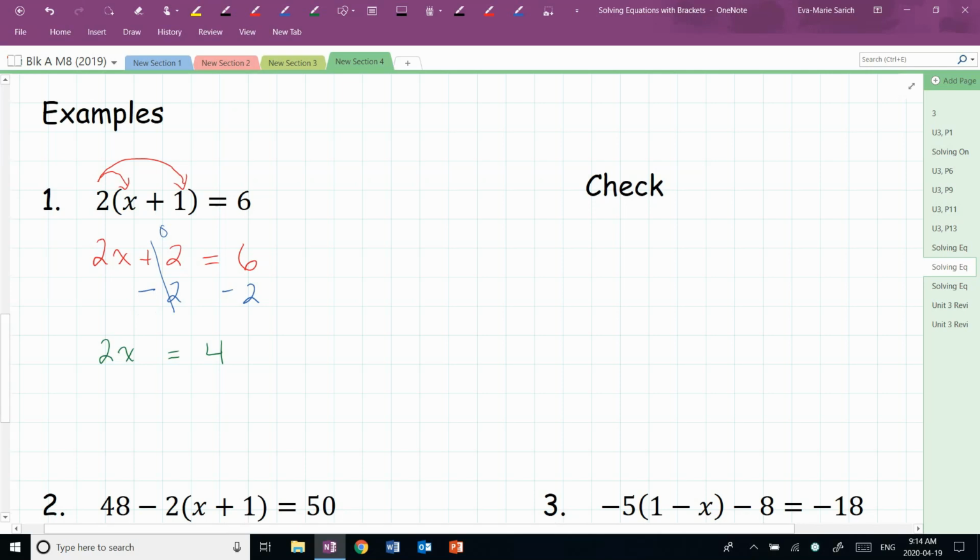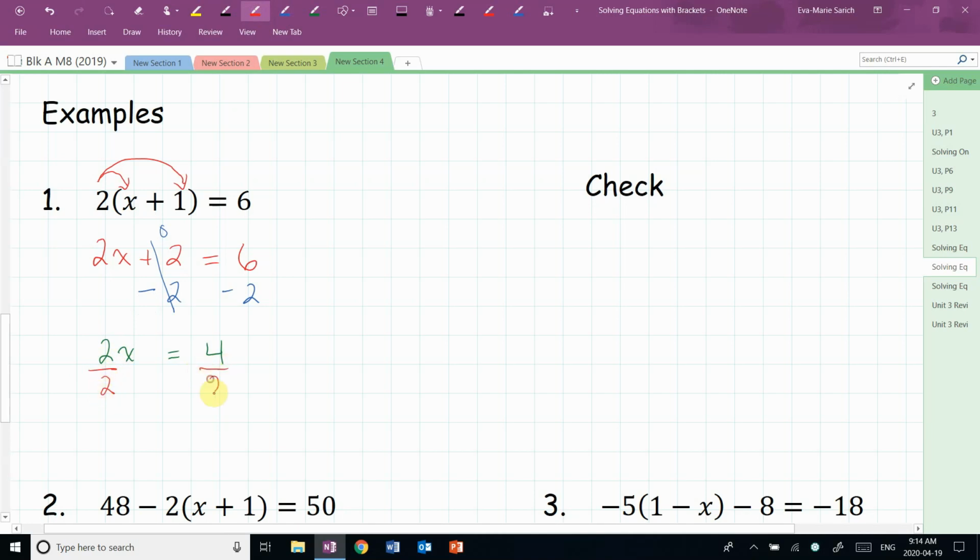Now, our last step is going to be to get rid of the 2 that is in fact multiplying the x. So if we have a multiply by 2, we're going to remove it by divide, which is the opposite of multiply, and use exactly the same number. Positive 2 is multiplying, so we're going to divide by positive 2.